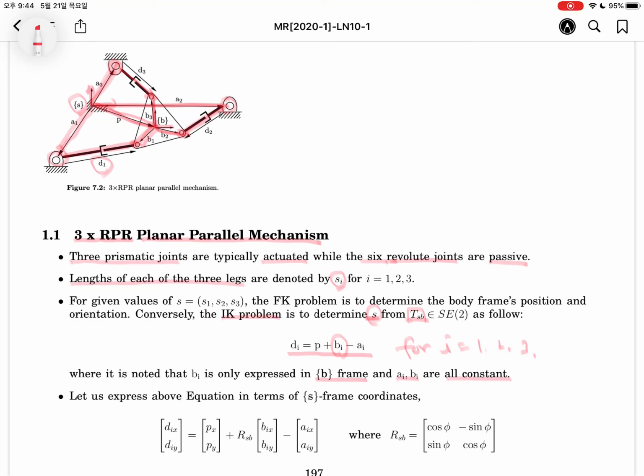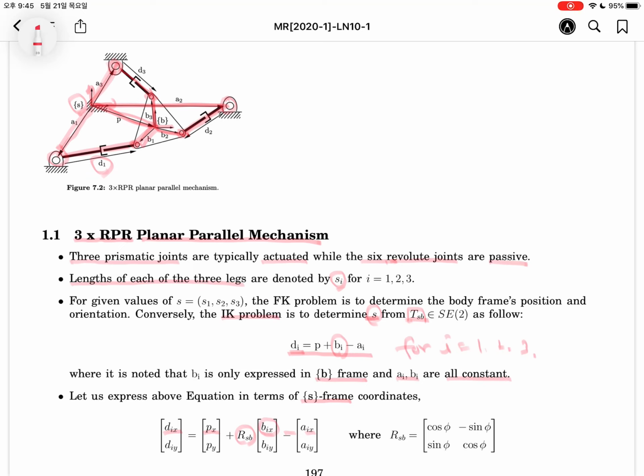Okay, so let's write down the vector equation using the S prime. So d_ix will be p_x plus, after multiplying the rotation matrix from S to B, the p vector will be multiplied to get some element of x prime, the x axis of the S prime, and then the minus a_x should be added to here.